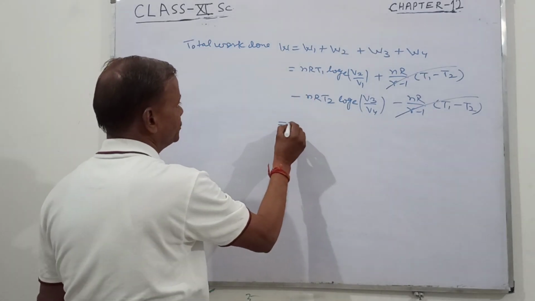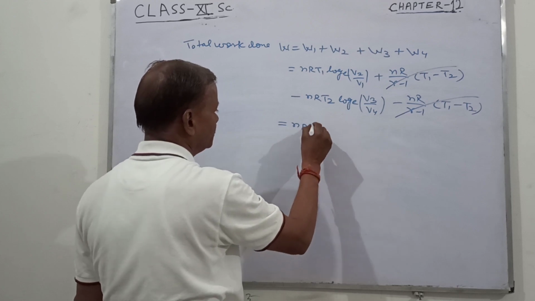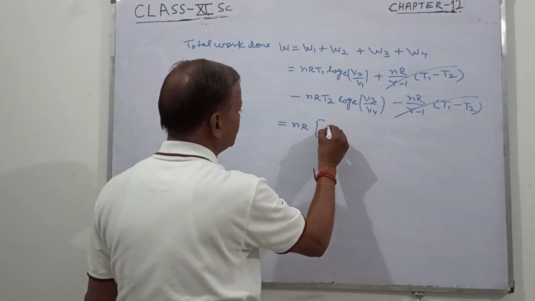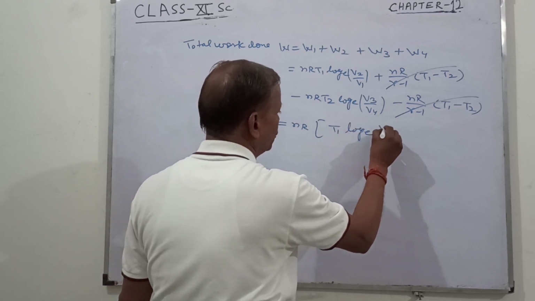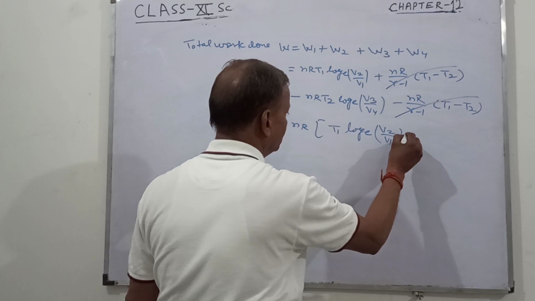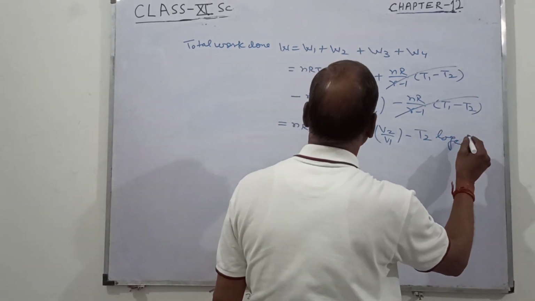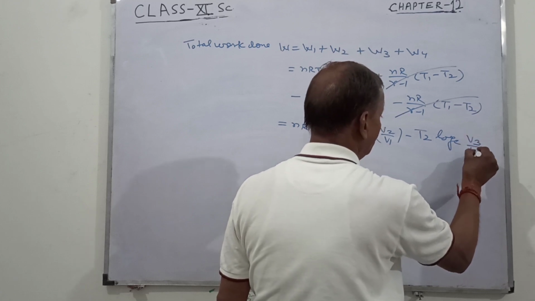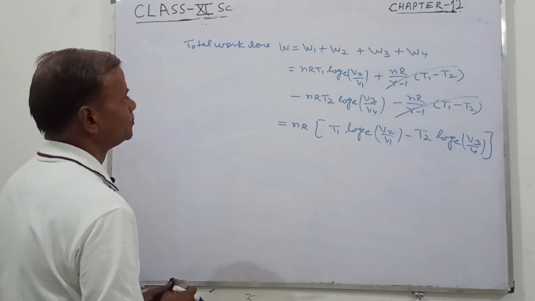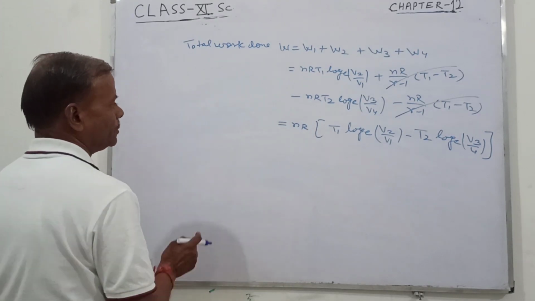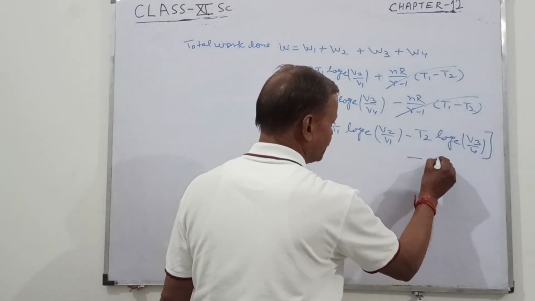So we are left with nR, we take common: T1 log e V2 upon V1 minus T2 log e V3 upon V4. This is now suppose the equation number 5.